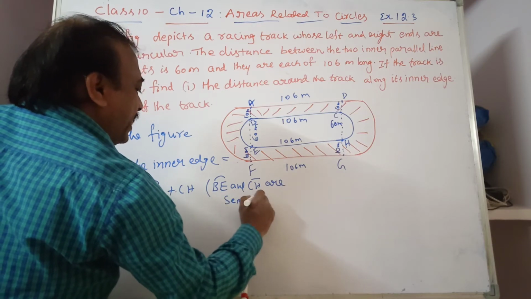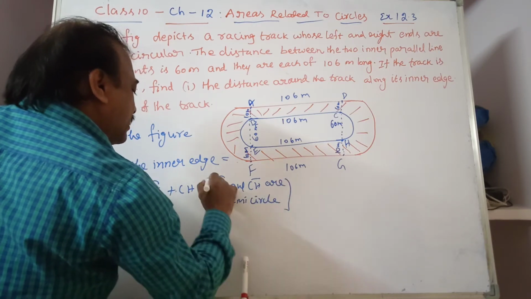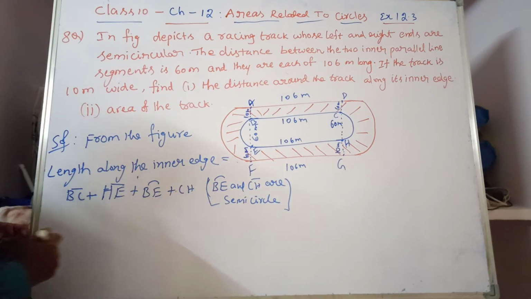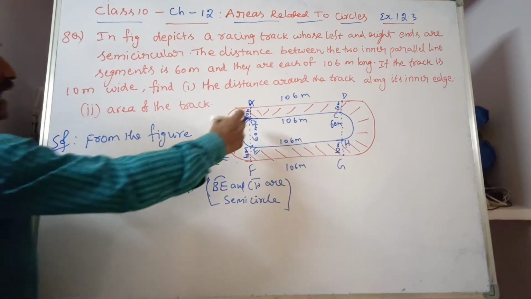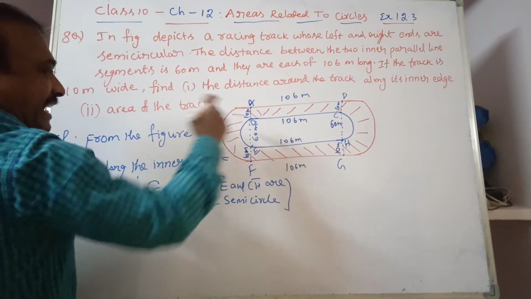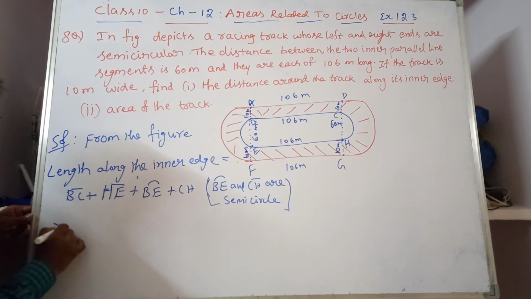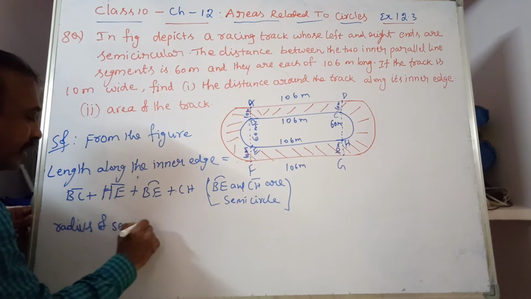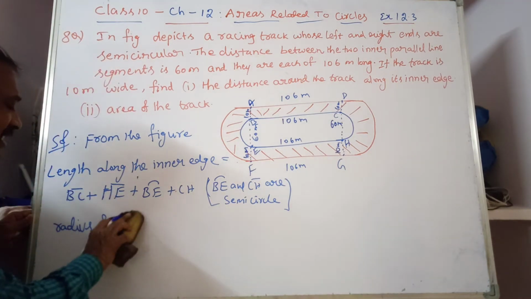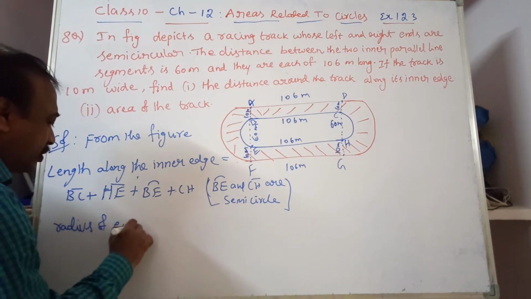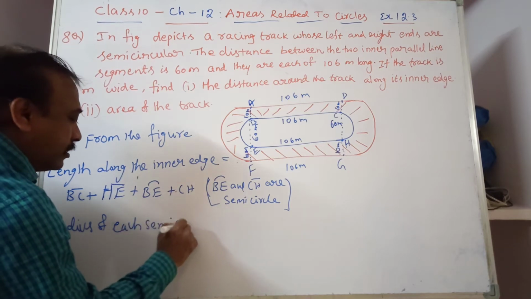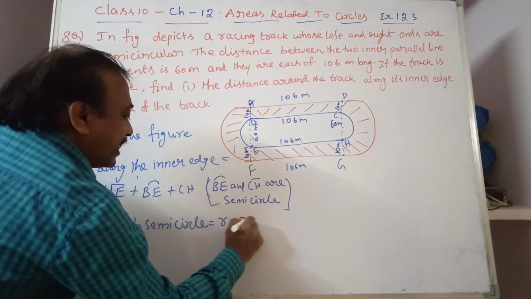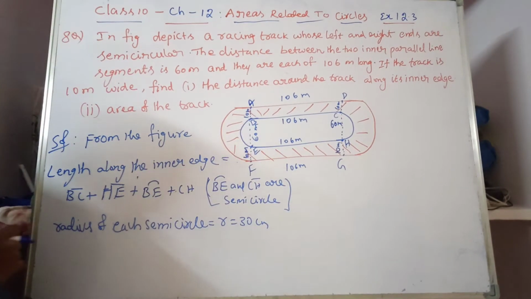To find this distance BC, first we will find the semicircles. For each semicircle, because they are both equal, the radius r is equal to 30 meters, as this is the diameter.